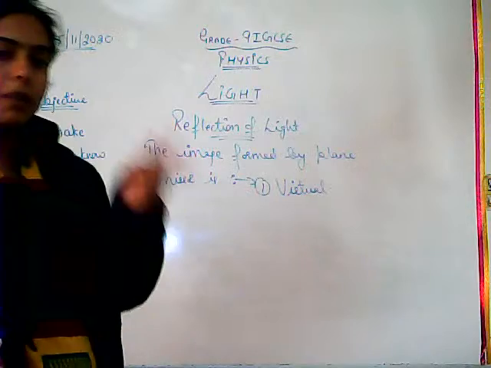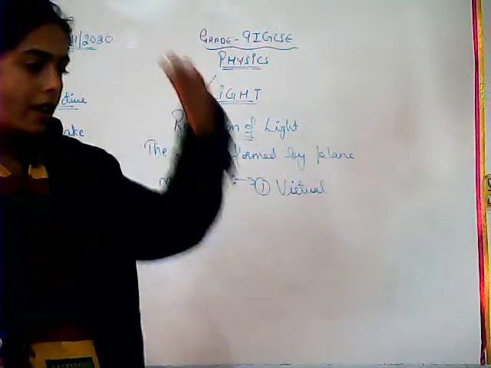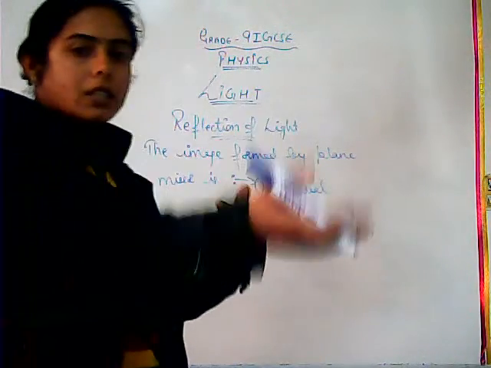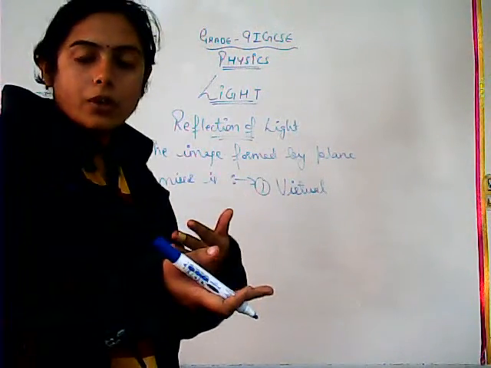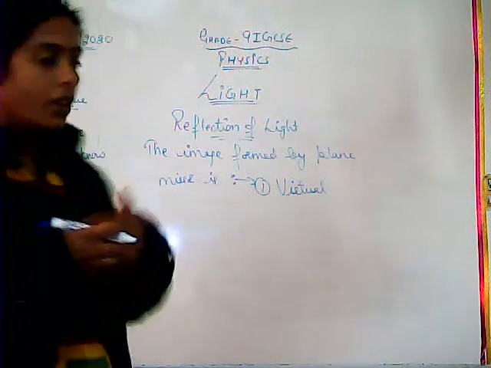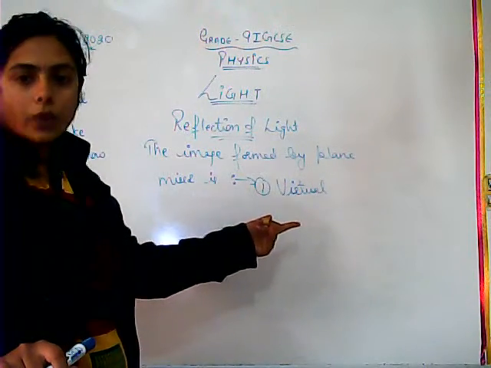The image formed is by the imaginary rays on the other side. You are in front of the mirror, your image formation is on the other side. The rays can't go to the other side. So what is that? That is imagination. So that is not real. So what is that? It's virtual.